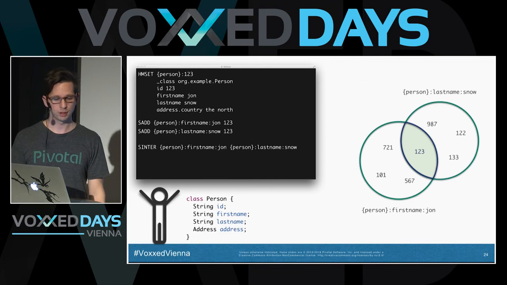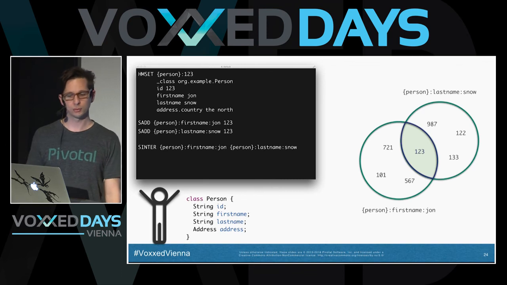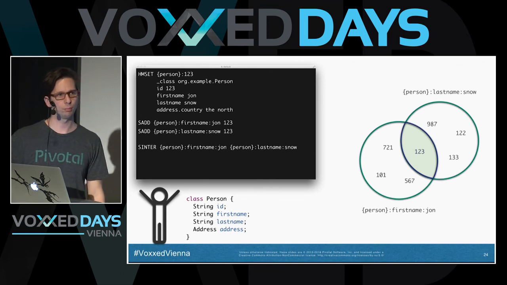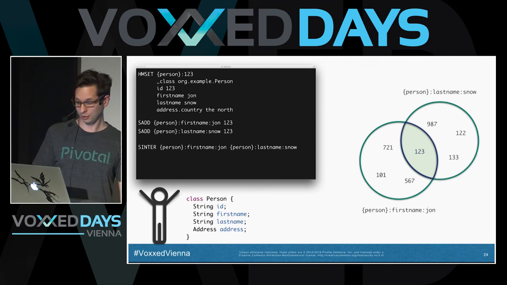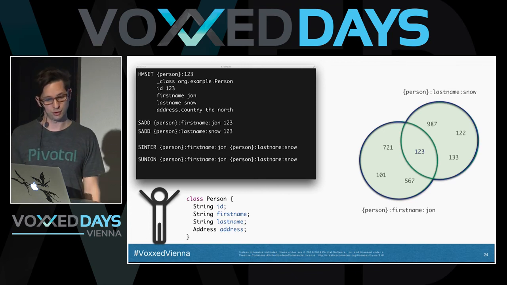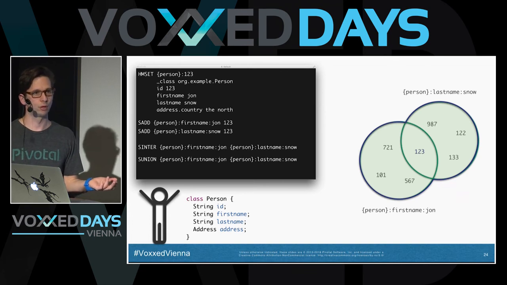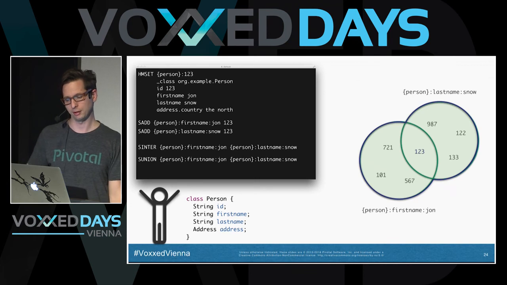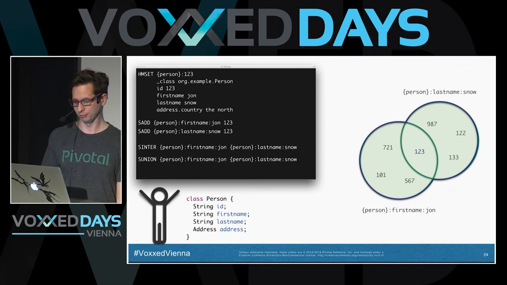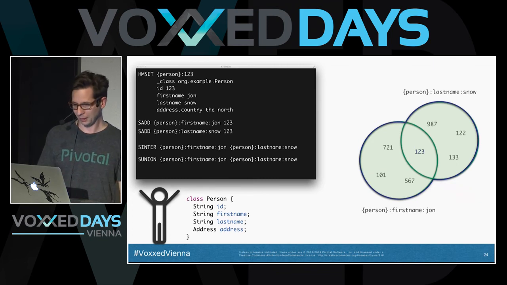And what we can now do is use the SINTER command, set intersect, of those two sets, and it would retrieve the IDs of all people who were named Jon Snow, obviously. And then we could use just HGETALL to retrieve that stuff. Or we can use SUNION to create an OR query, so all people that are John or Snow, what have you. So it's pretty easy to determine entities and their IDs.